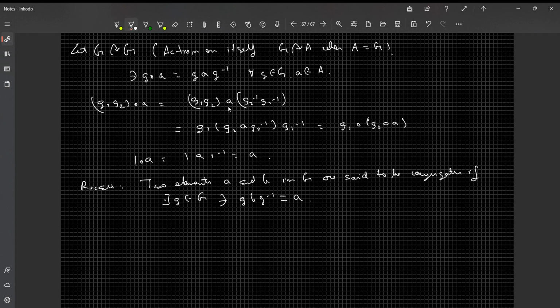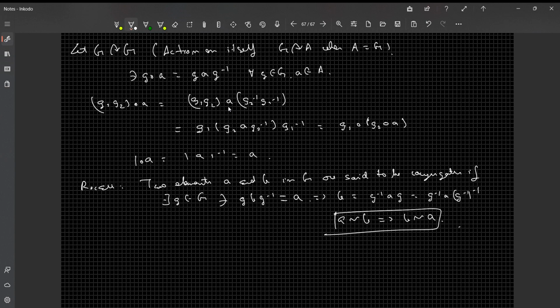Now a is a conjugate of b is the same as saying b is a conjugate of a, because this implies b can be written as g inverse a g, which is g inverse a (g inverse) inverse, and g inverse is in G. Therefore a is related to b implies b is related to a.